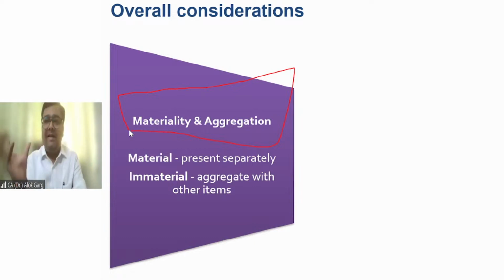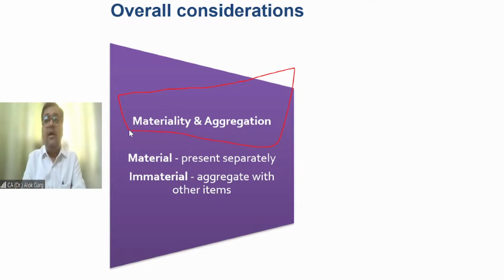All the like items need to be aggregated. Property, plant and equipment, 11 lakh crore. This is one line item, meaning all the like items have been aggregated and shown as a single item. So what does the materiality and aggregation standard say? All the material items need to be presented separately, and all the like items, or all the immaterial items, need to be aggregated.